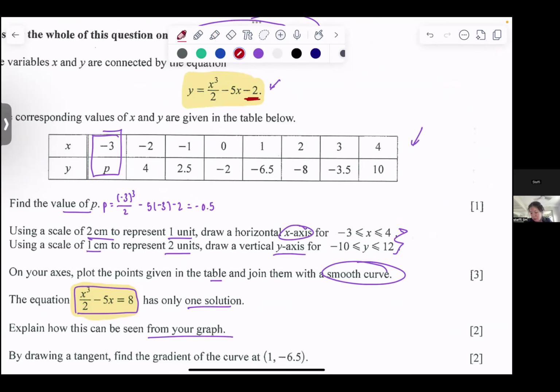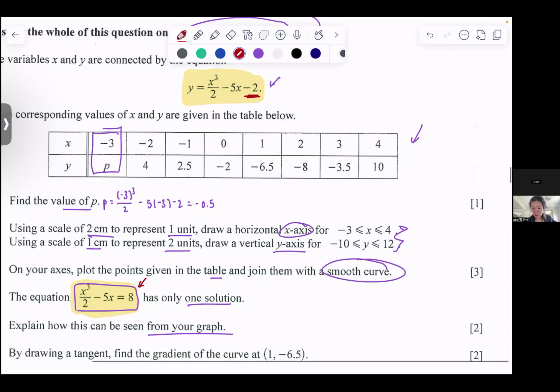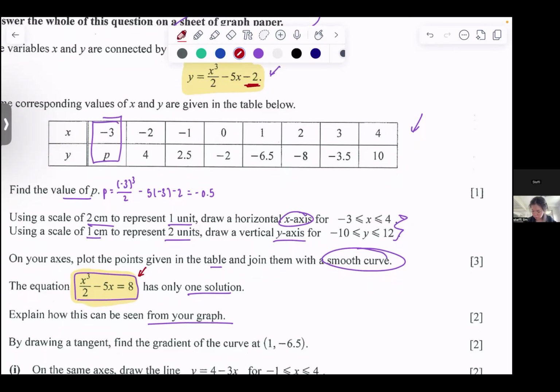Because now I only got x cubed over 2 minus 5x equals to 8. So what if we transform this new equation back into the one they gave us initially? All I have to do is just -2 from both sides. So let's go ahead and do that.